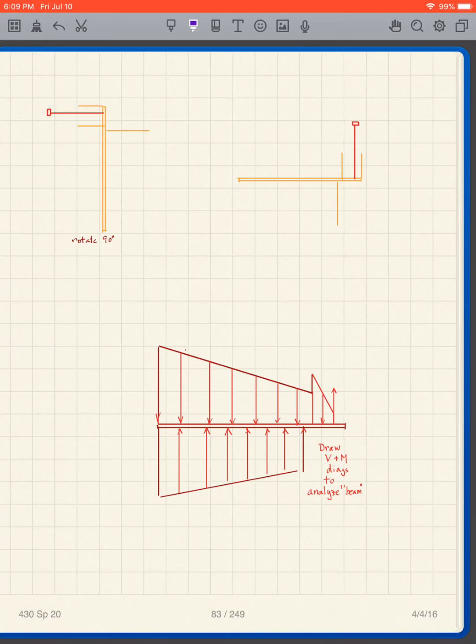To a structural engineer, design the retaining wall means one thing. To a geotechnical engineer, design the retaining wall means something completely different. To a structural engineer, designing the retaining wall means, for instance, designing the thickness and shape of the wall.